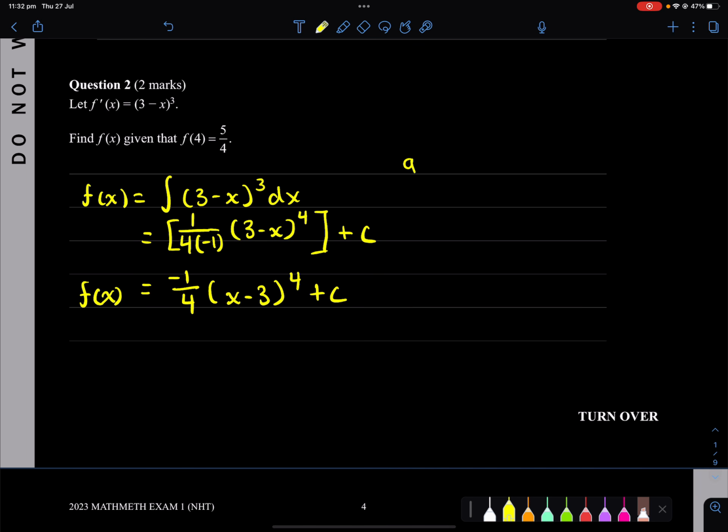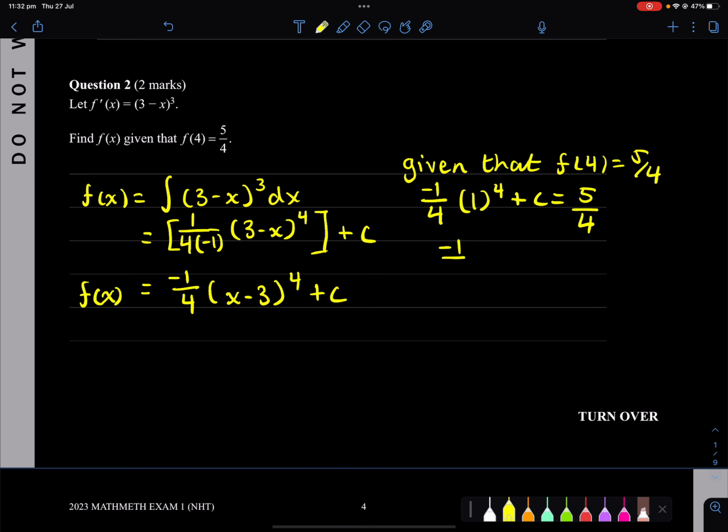We're going to say given that f of 4 equals 5 on 4, we're going to sub that in. So, negative 1 over 4, and on the x, we're going to put 4. So 4 minus 3, 1 to the power of 4, plus c equals 5 over 4. That will be negative 1 over 4 plus c equals 5 over 4.